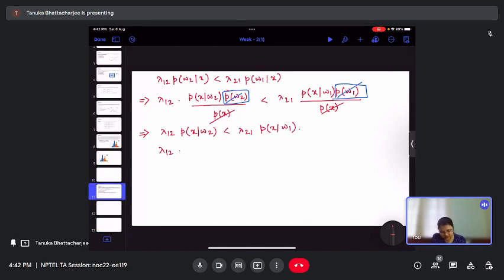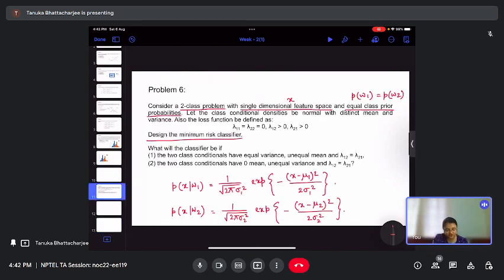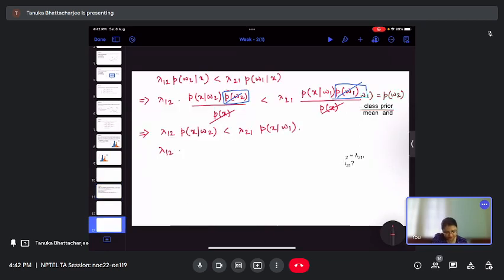Now, let us put the expressions for this. As we said earlier, these two expressions are the normal distributions with different mean and variance.